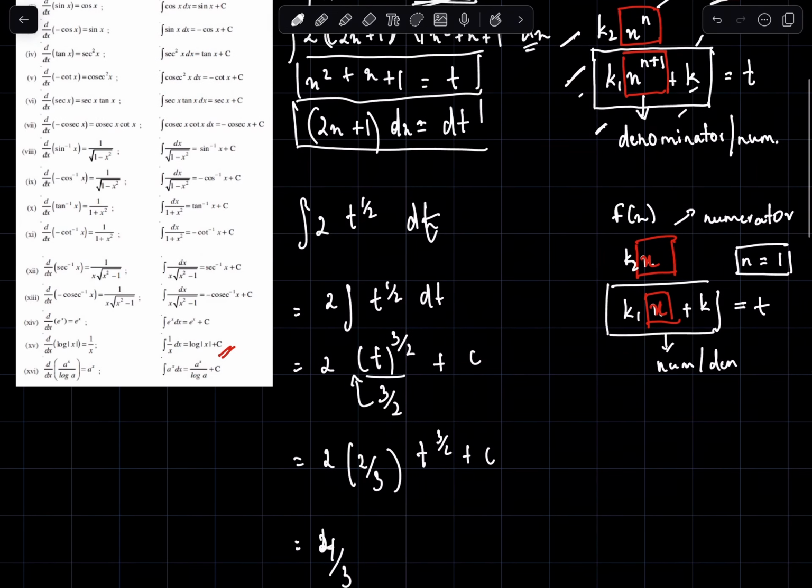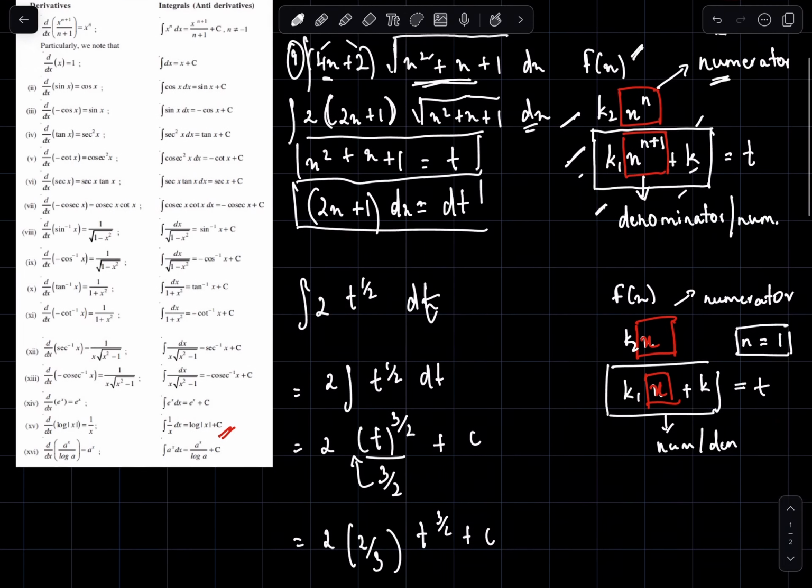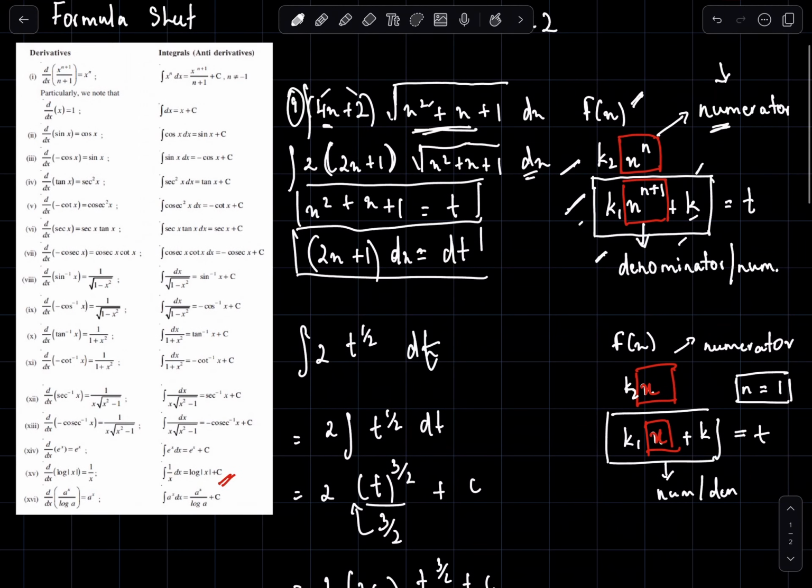What is t? t is x squared plus x plus 1. Oh, I'm so sorry, I'm substituting it back: x squared plus x plus 1 to the power 3 by 2 plus c. I hope this clears everything. Okay?